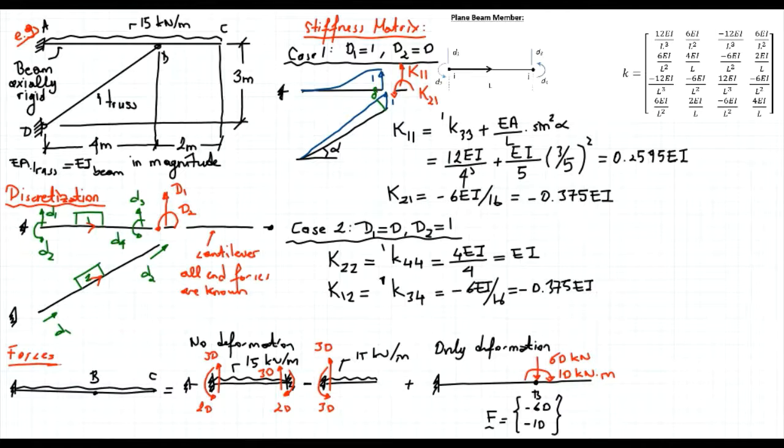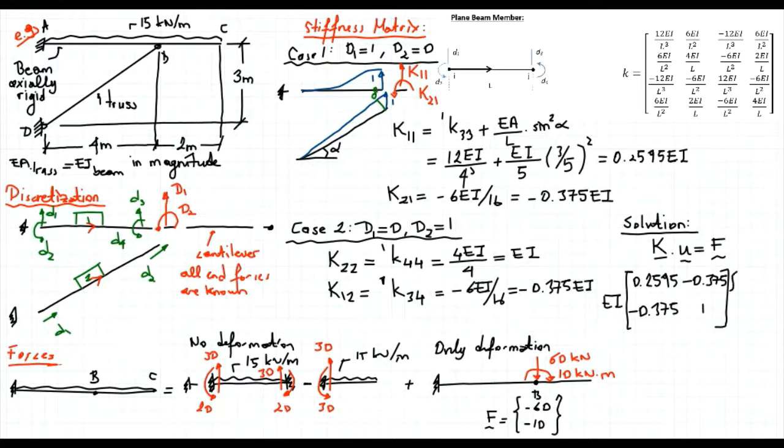Now I can perform the solution. K times U is equal to F. So K is equal to EI times 0.2595, minus 0.375, minus 0.375, and the diagonal is 1.